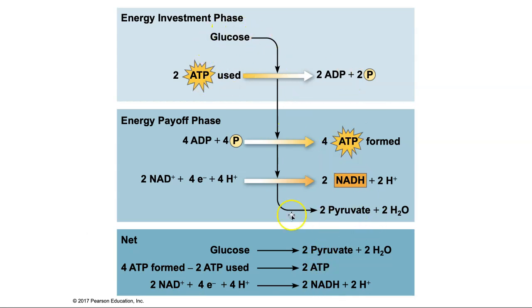So glycolysis produces 2 ATP per 1 glucose molecule. And altogether, we've created 2 NADHs from glycolysis as well. So one glucose molecule makes a net of 2 ATP and 2 NADH, and this glucose molecule got broken down into 2 molecules of pyruvate.